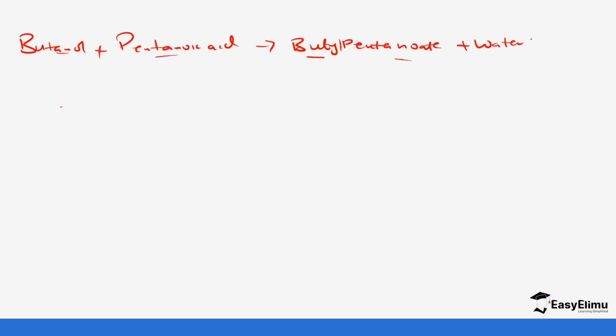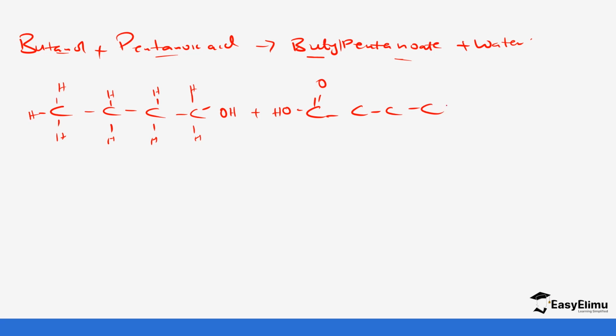So if we were to show that, we need 4 carbon atoms for the alcohol. Then the pentanoate, so you put the structure this side, with 5 carbon.